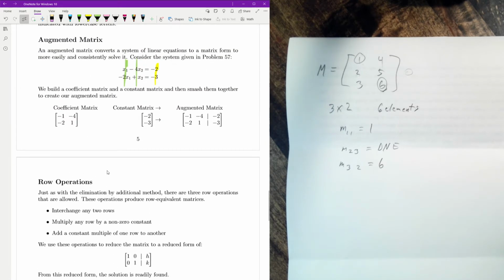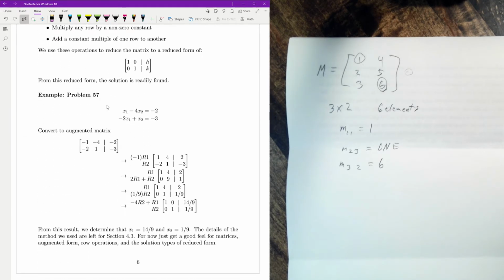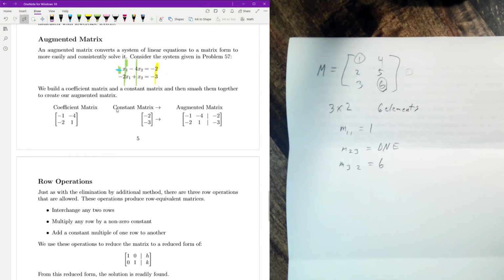Obviously, I've got a typo somewhere. I'll have to verify this problem. So for the coefficient matrix, there must be a minus 1 here. So this must have a minus here. Let me add that real quick. So there's a minus here, and it's also going to be down here as well.